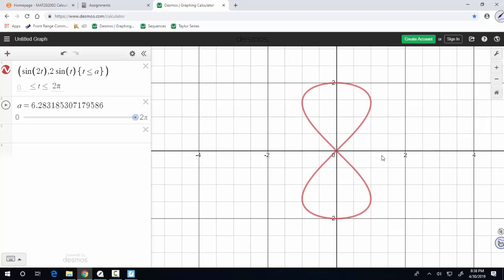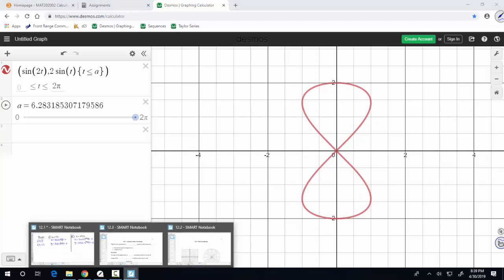And what we said was, here's a horizontal tangent down here at 0, negative 2, and a horizontal tangent up here at 0, positive 2. So when we find our vertical tangents, how many are there going to be? Just looking at the graph, we have 4 vertical tangents. 1, 2, 3, 4.